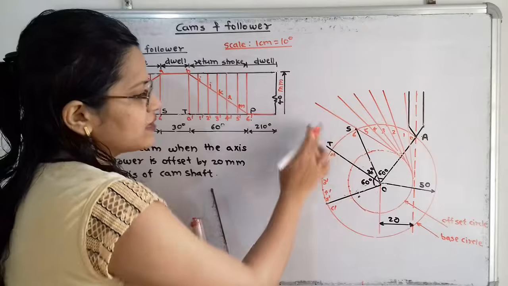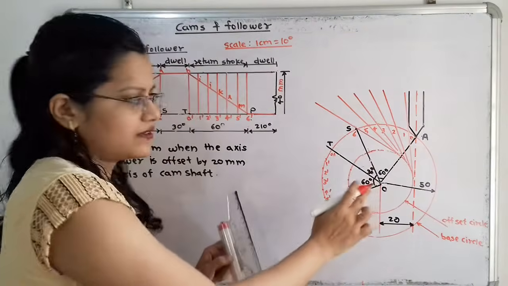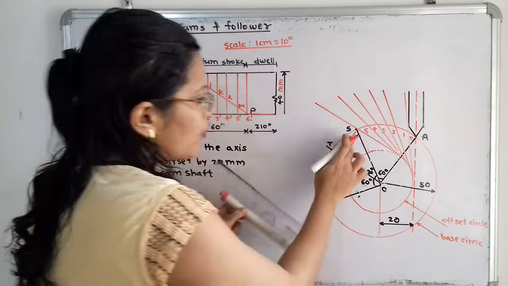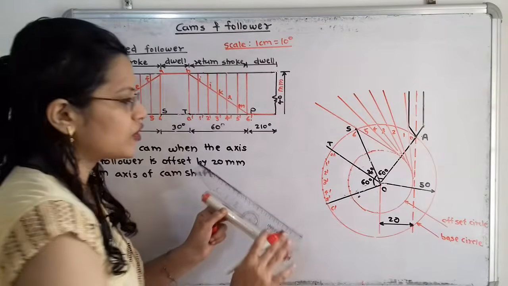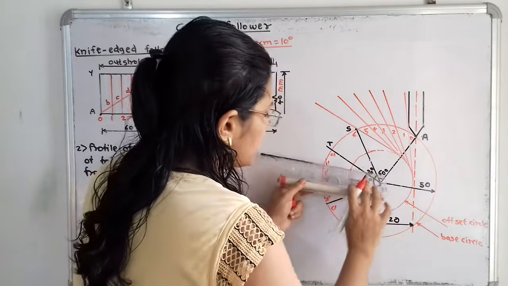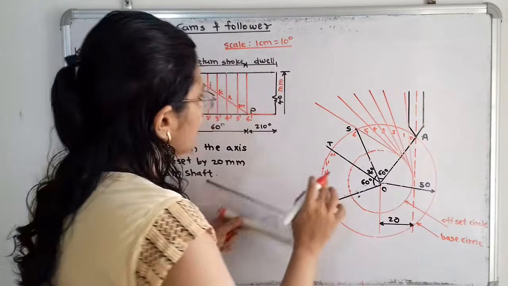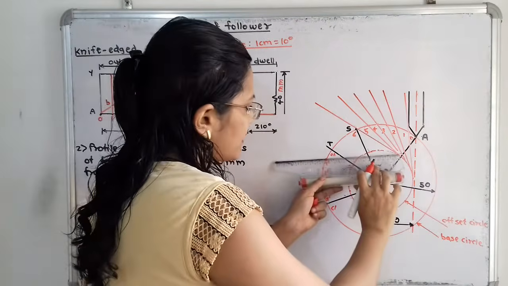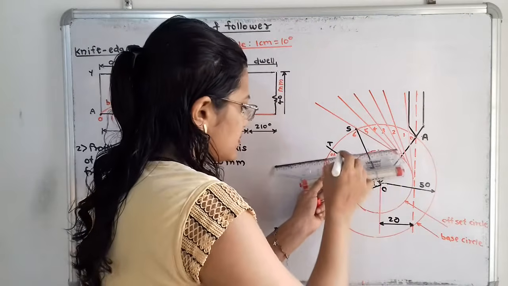These are the tangent lines to the offset circle. In the same way, for the dwell period there is no need to draw a tangent line. For the return stroke we again have to draw tangent lines to the offset circle.